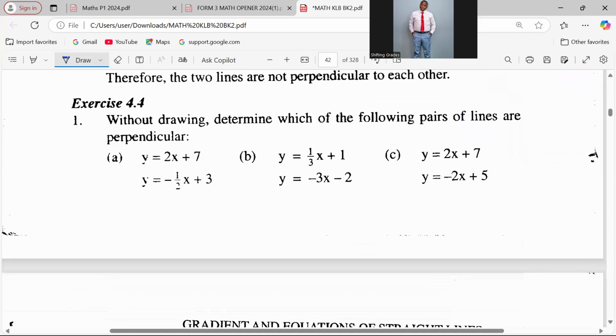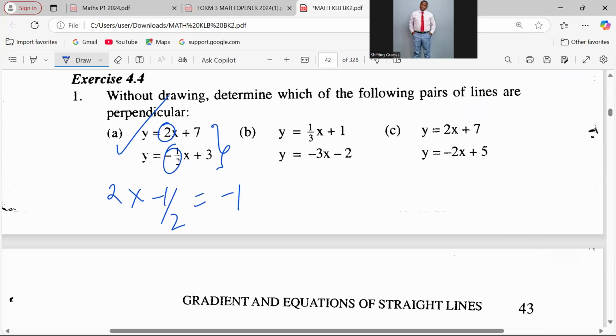Without drawing, determine which of the following pairs of lines are perpendicular to one another. So you just need to compare the gradients. 2 and -1/2, getting -1, perpendicular to one another. Very good.